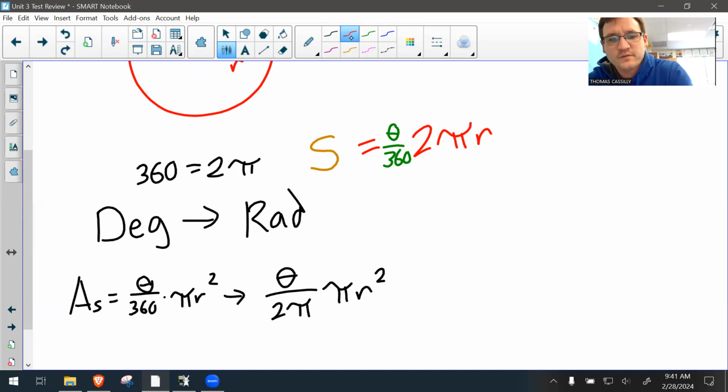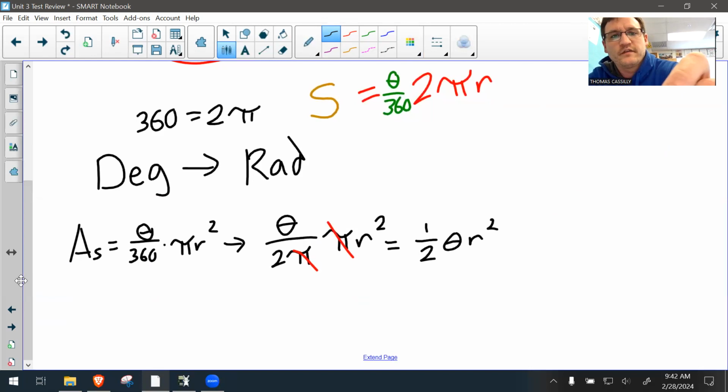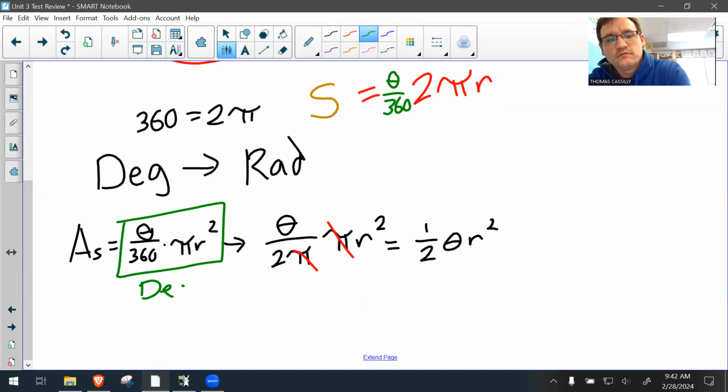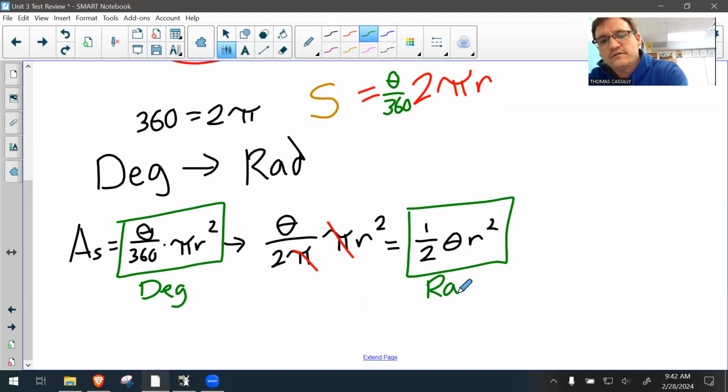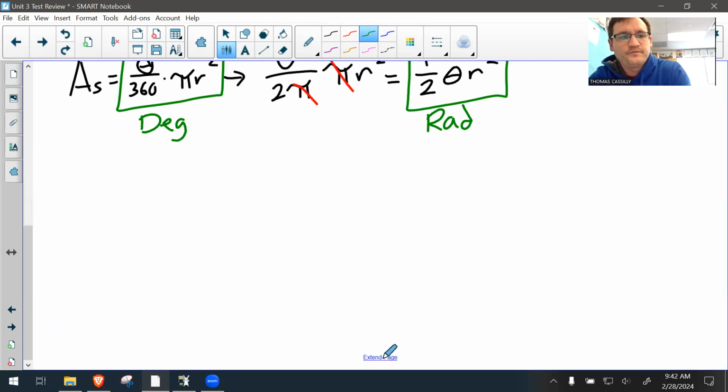If we simplify this formula, the pi's go away, and we're left with one half theta r squared. That gives us the area of the sector. So this is our degree formula, and this one is our radian formula. You just have to look at the problem and figure out what they are giving us and which formula to use. So that's the area of a sector.